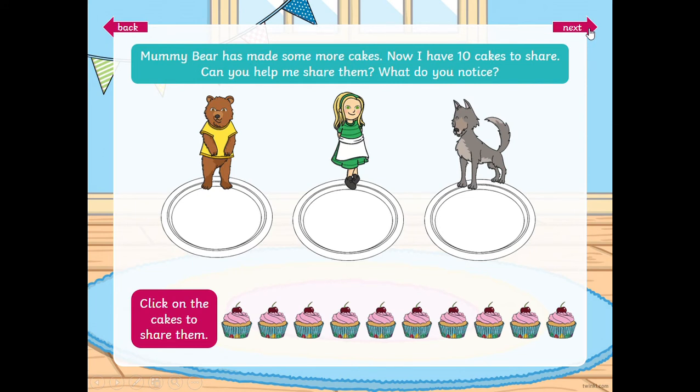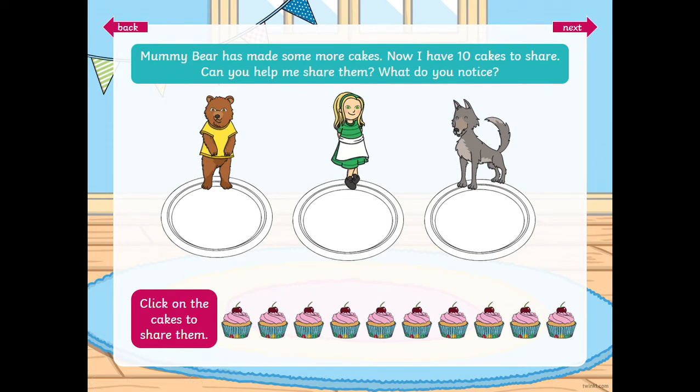Okay, Mummy Bear has made some more cakes. Let's see how many cakes she's made now. Let's have a look. Let's count them. 1, 2, 3, 4, 5, 6, 7, 8, 9, 10. Mummy Bear has made 10 cakes.